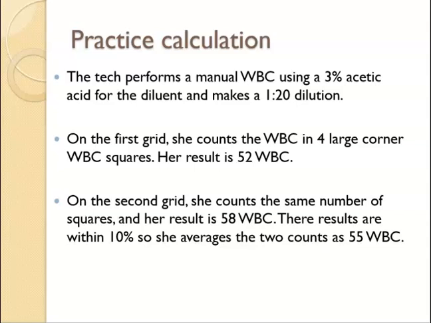On the second grid, she counts the same number of squares. Again, she's counting the 4 large corner squares, and her result is 58. Their results are within 10%, so she averages the two counts at 55 white blood cells.